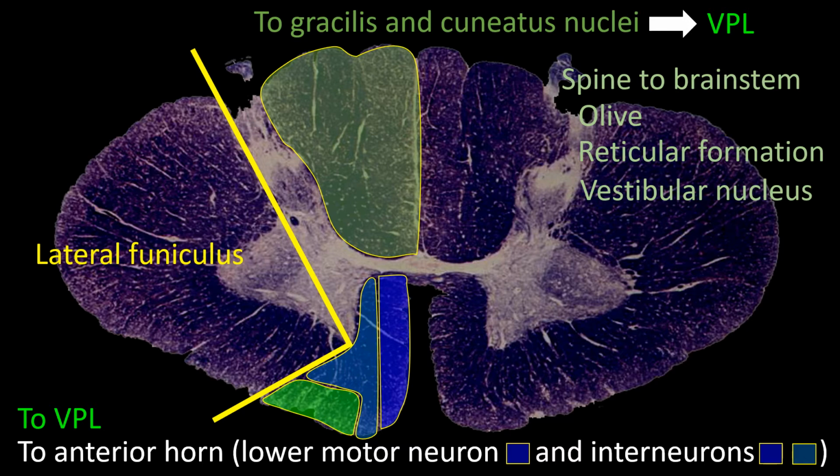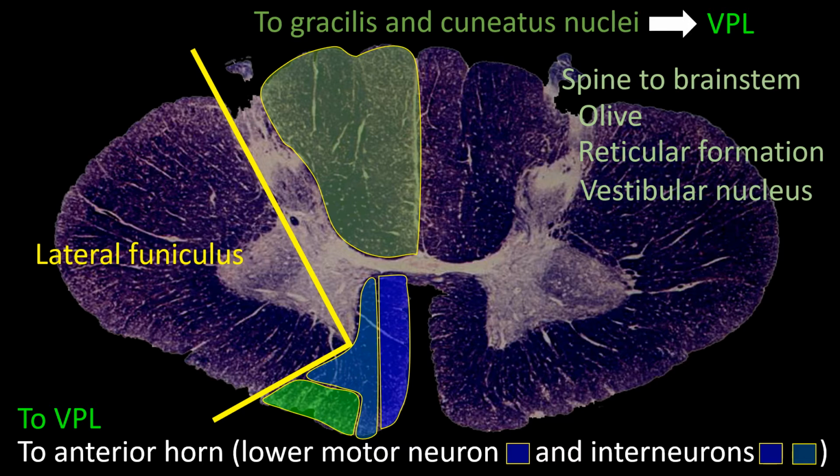So they descend ipsilaterally to their origin, but crossing through the ventral white commissure once they are close to the intended lower motor neuron. The lower motor neurons they contact are those acting upon axial musculature.